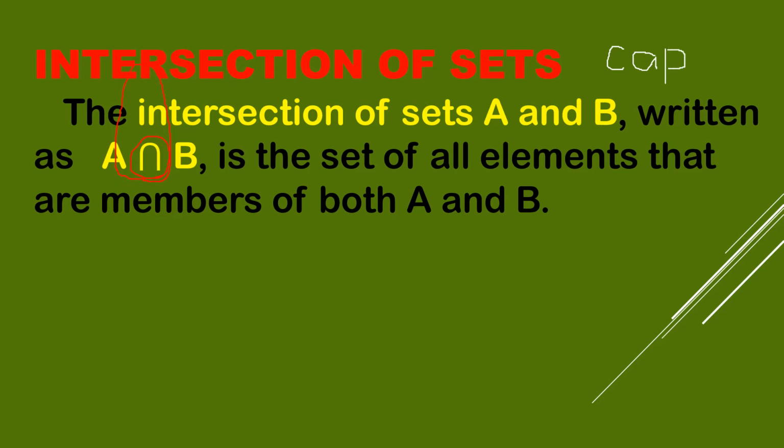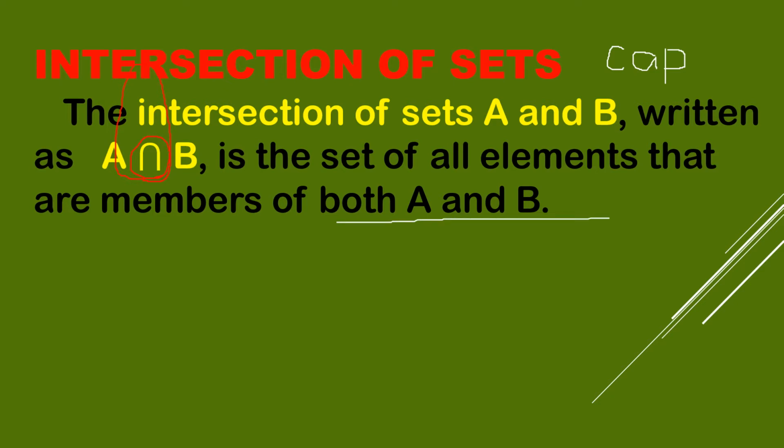Or yung sombrero. Di ba? Ganyan yung itsura ng sombrero. So, that's cap. So, ano ba ibig sabihin? It is the set of all elements that are members of both A and B. Ibig sabihin, ano yung mga elements na common kay A at saka kay B.